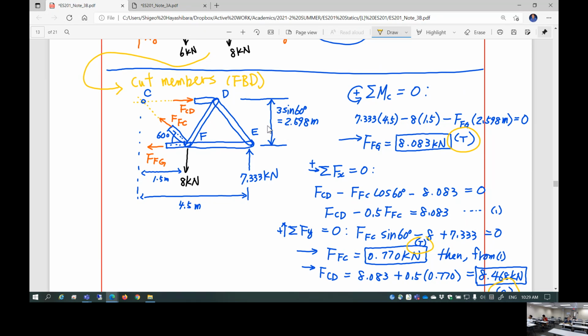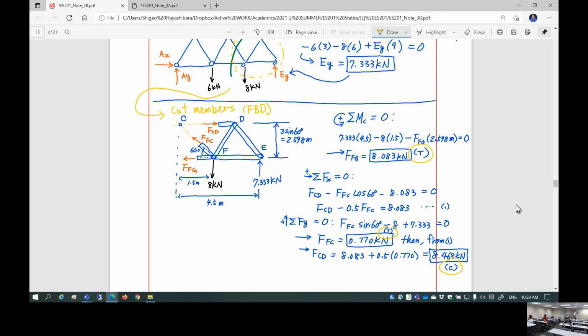This is a technique you're always going to use in solid mechanics. You're going to introduce a virtual cut, pick up either this side or that side of the cut segments, set up a free body diagram, and then find out internal loading. Okay. Any question?